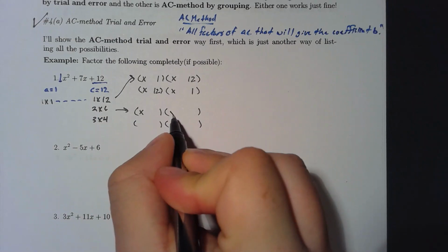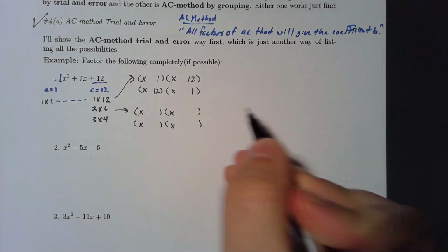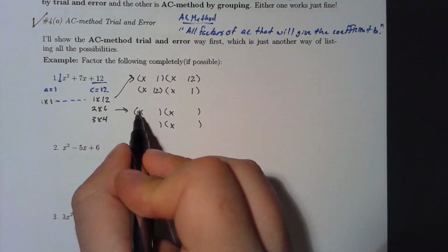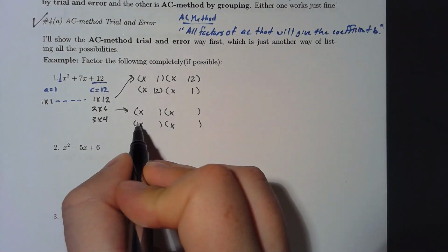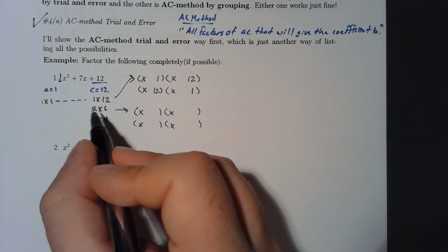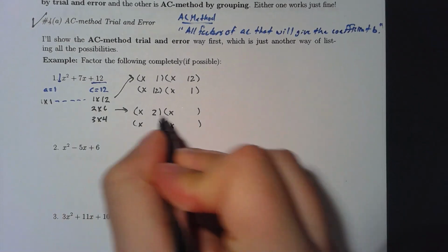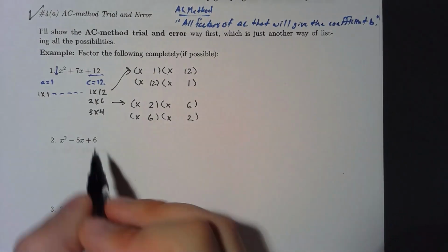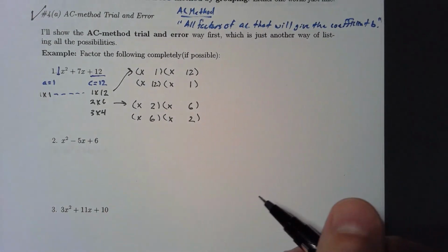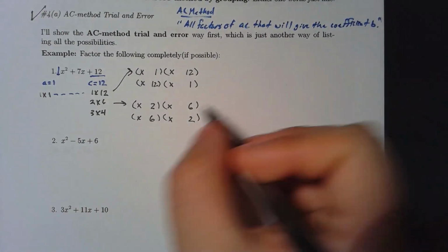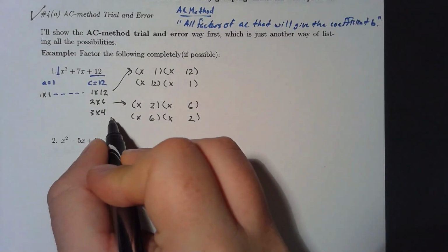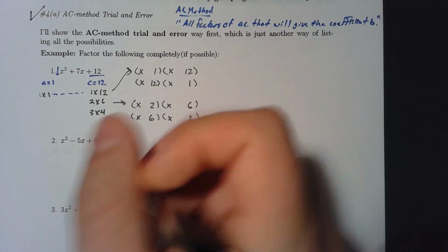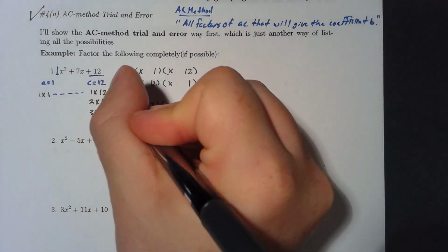Here's the next pair. So X, X, X, X, right? Because it's 1 and 1. And that's just the fact that 1, 1, 1, 1. 2 and 6, 6 and 2. And then the last pair, I will write, and I'll bring it over here.